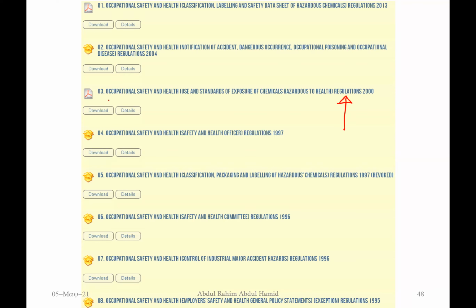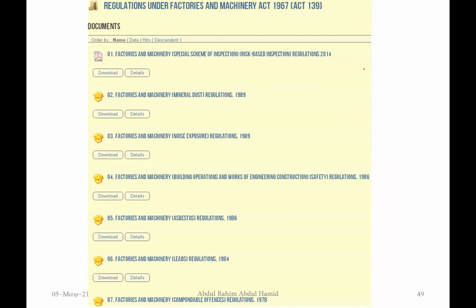Then this is the name of the Act, Occupational Safety and Health, and then this is the specific title for such regulation, and this is the year. Okay, so regulations can be many, can be released at any time necessary, and all these things are free for you to download if you want to know more.